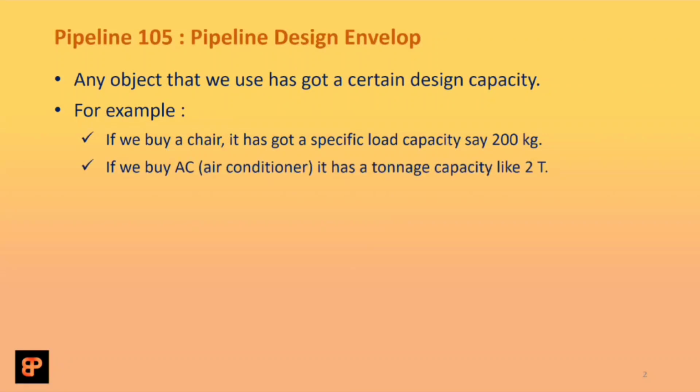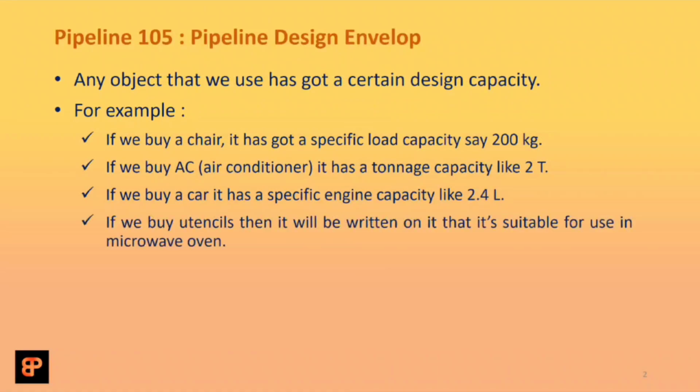We buy an AC air conditioner, we see the tonnage of the AC, like half ton, 1 ton, 2 ton, depending upon the room size. If we buy a car, we normally ask our friends what is the engine capacity, and it is said that 2.4 liter or 1000 cc, 2000 cc, 3000 cc, 3 liter, like that.